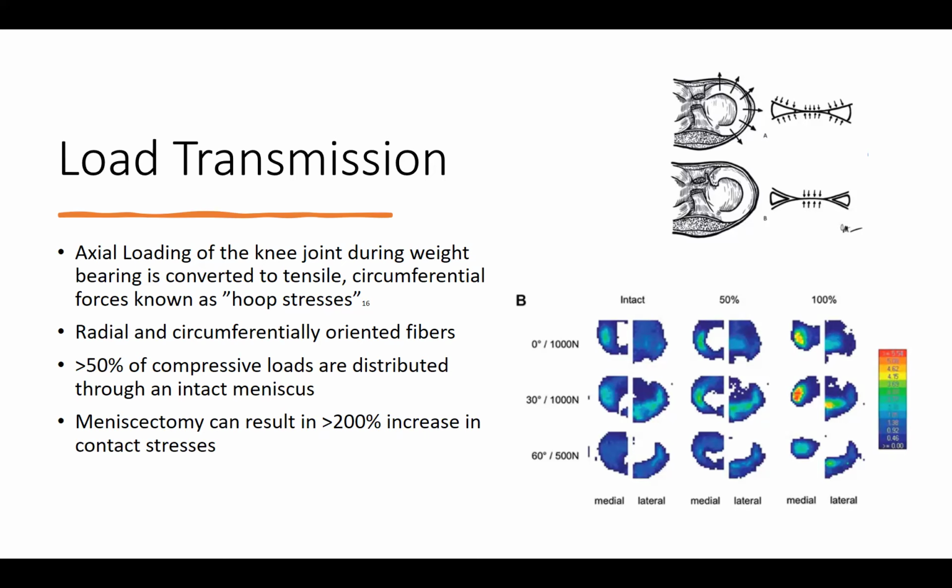Numerous publications have documented the peripheral rim being the most important element in facilitating these hoop stresses. But even as you can see in the diagram above, a 50% meniscectomized knee can see a modest but apparent increase in tibiofemoral contact force, thus promoting future articular cartilage wear.